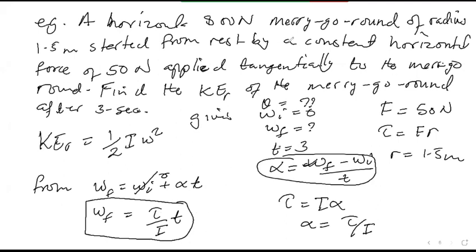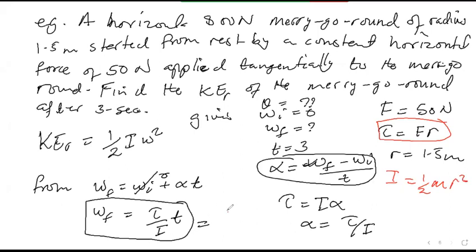Since the merry-go-round is a disk, we know I is half M R squared.